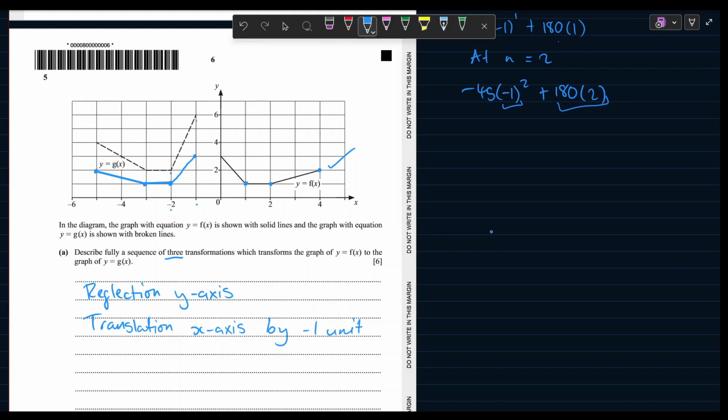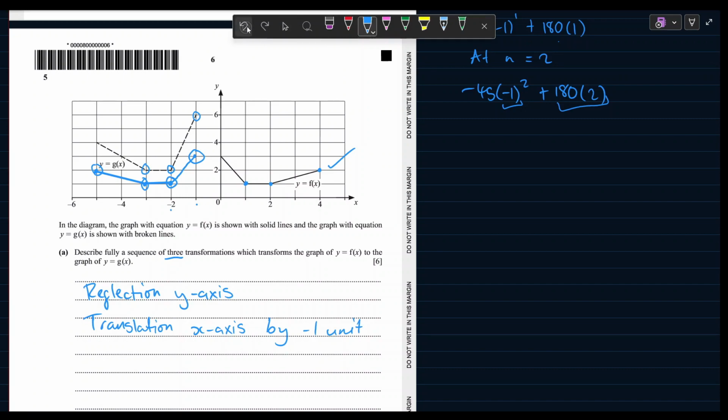So I want you to notice what has happened here. This y value here is at 3 and this y value is at 6. So it looks like our y values have been multiplied by 2. Let's test if this is true. At this point we've got 1, at this point it's 2, so yes, that's true. 1, 2, and at this point that's 2 and this is 4.